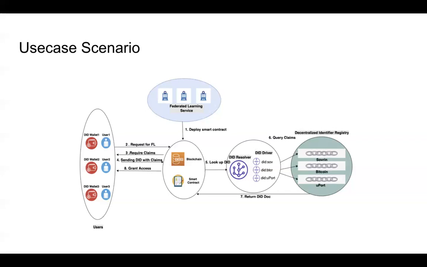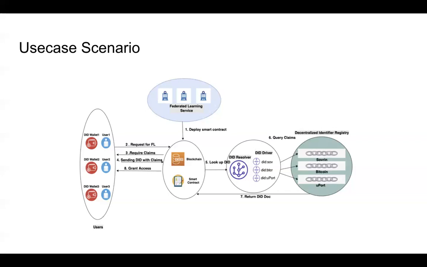The blockchain network will look up the DID, with the help of the DID resolver and the DID retrieval, then in the decentralized identifier registry part, it will return the DID document.